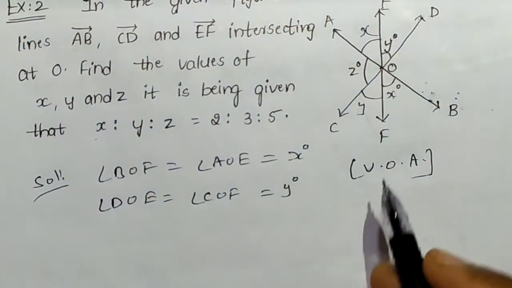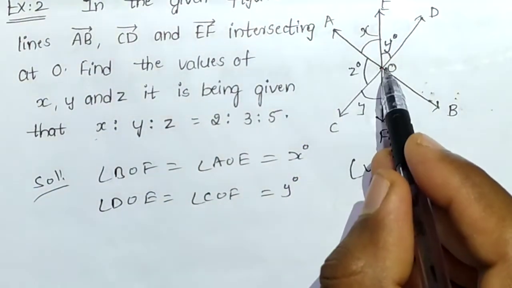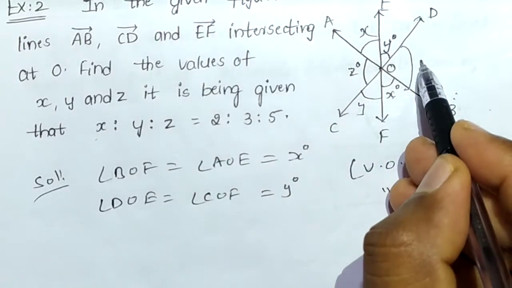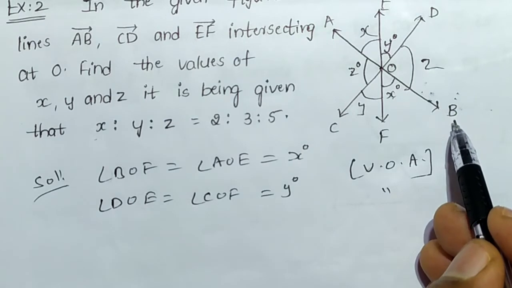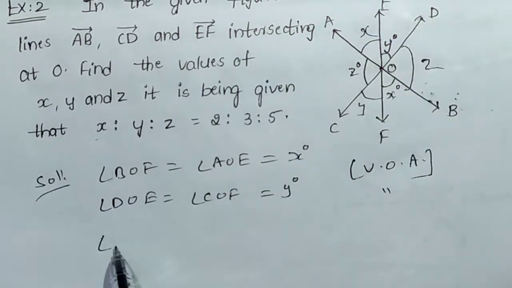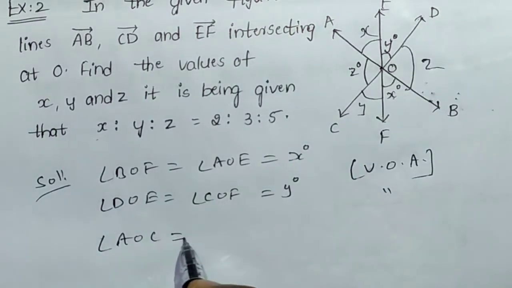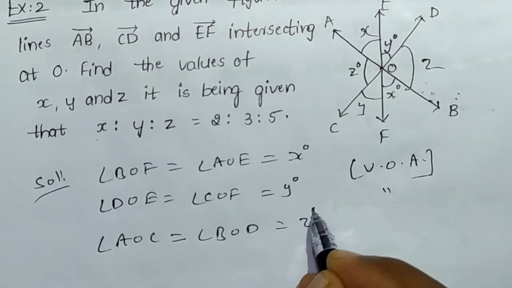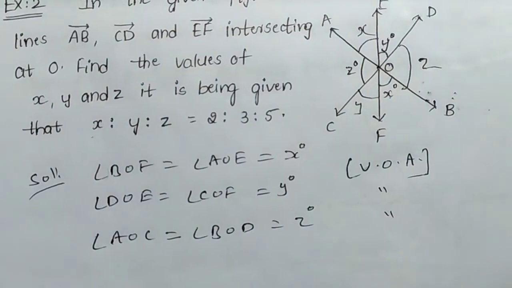The next one, Z. Angle AOC is Z. Its vertically opposite angle is also Z. Angle AOC is equal to angle BOD is equal to Z, the same vertically opposite angles.